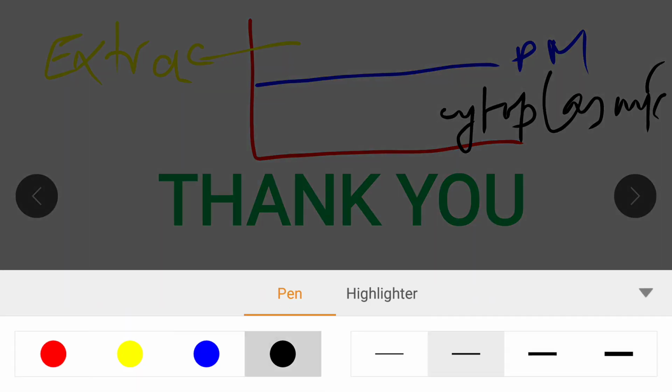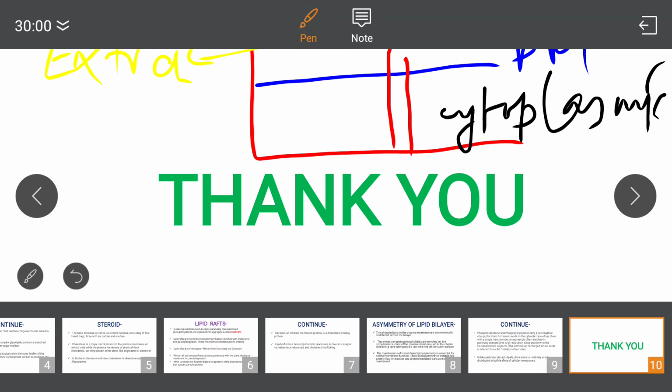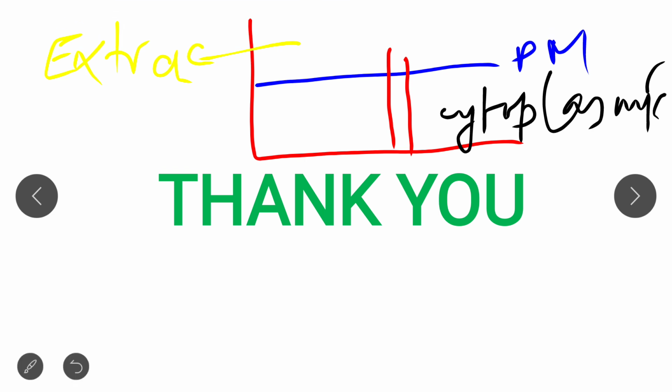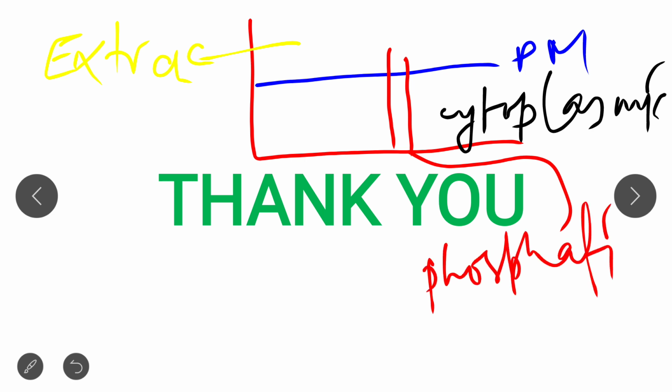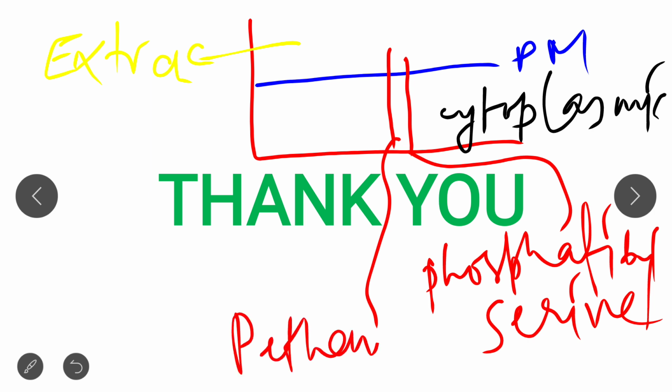In the cytoplasmic part, amine-containing phospholipids are present majorly. Look at this: these two are amine-containing phospholipids. This is phosphatidylserine, and this is phosphatidylethanolamine. Please note it down.